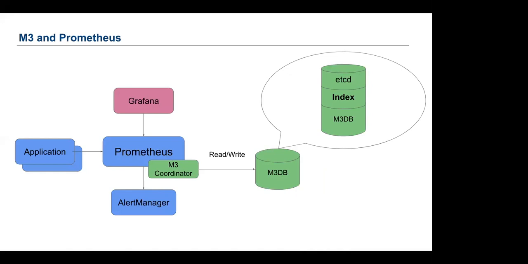It is a very lightweight process which you can run on your Prometheus box. You set it up as remote read-write, and it will forward all those metrics to M3DB during writes, and during reads it gets from M3DB, and this lets you have any amount of retention. M3DB is clustered, so you can add any number of hosts and get any amount of retention. At Uber, we have some use cases where people have 5 years worth of retention, for example.